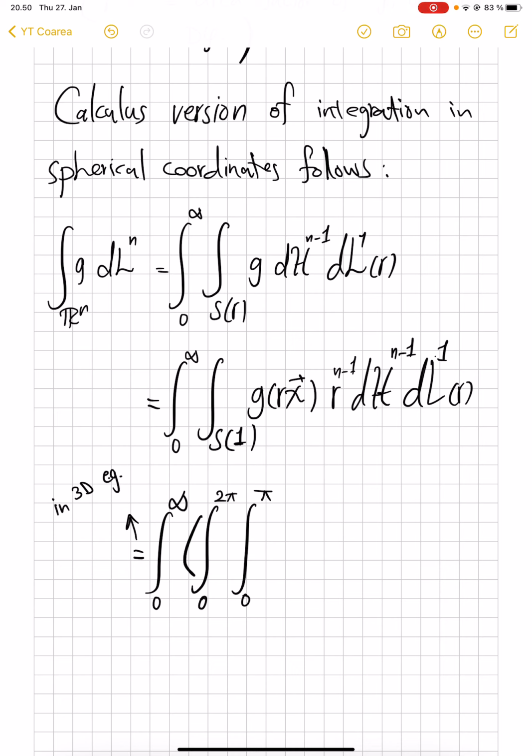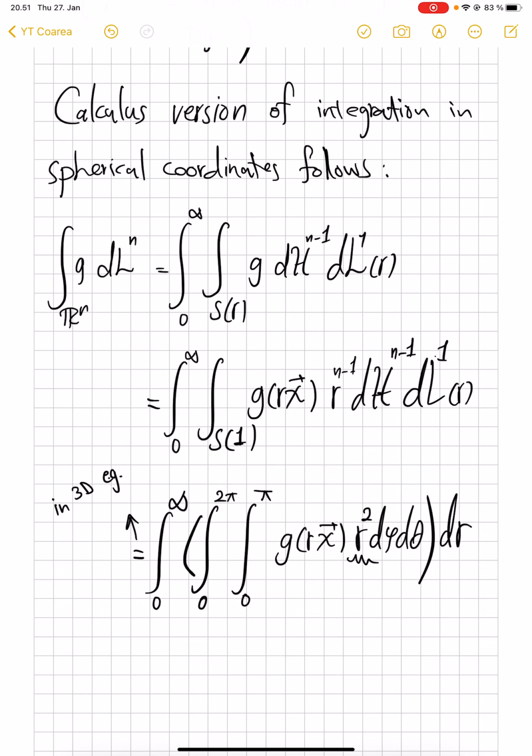And then you do g of Rx vector, and this becomes R to power 2 d phi d theta, and then this becomes dr. So that R^2 justifies where it's coming from. And x can be written in the spherical coordinates just by the equations we have for it.